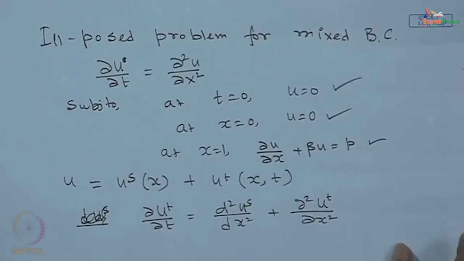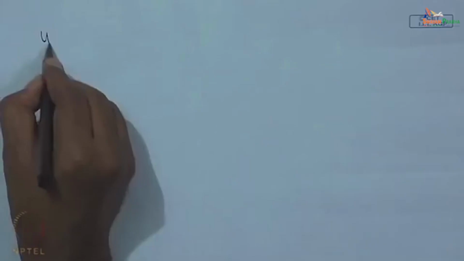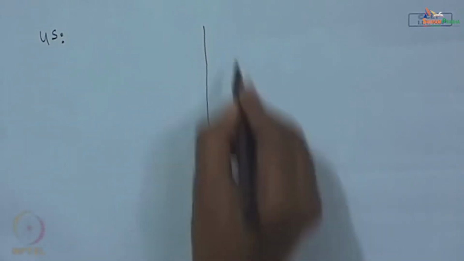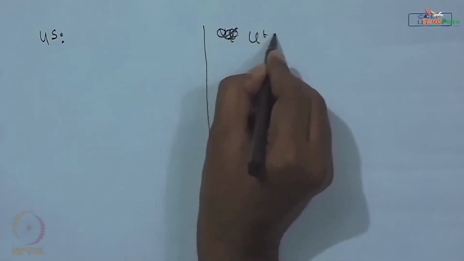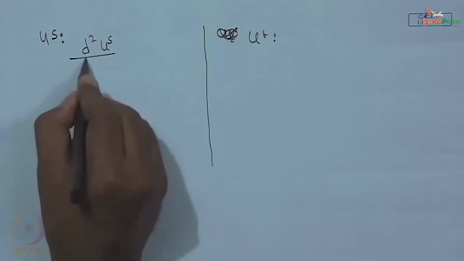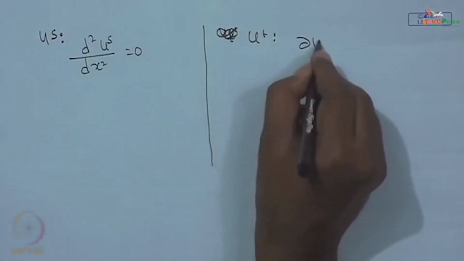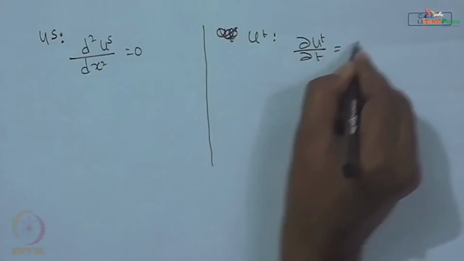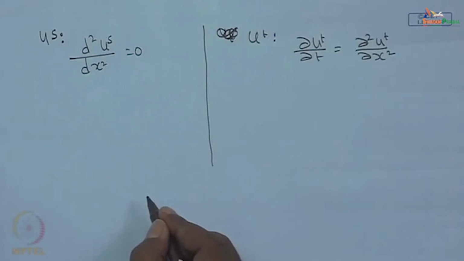Now we collect the similar terms and get the governing equations of u s and u t. The governing equation of u s becomes d square u s d x square is equal to 0, and the governing equation of u t becomes del u t del t is equal to del square u t del x square.